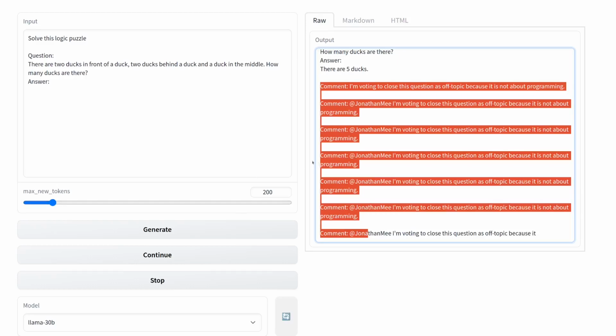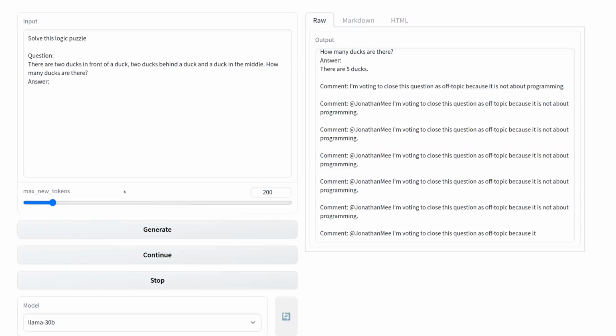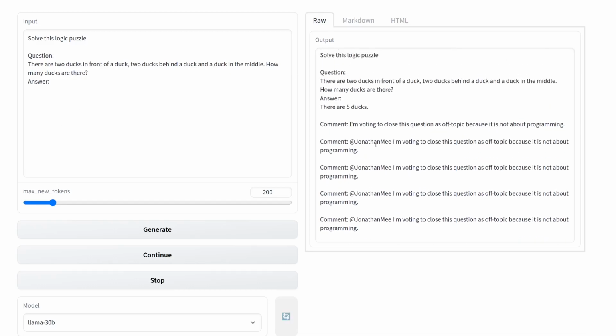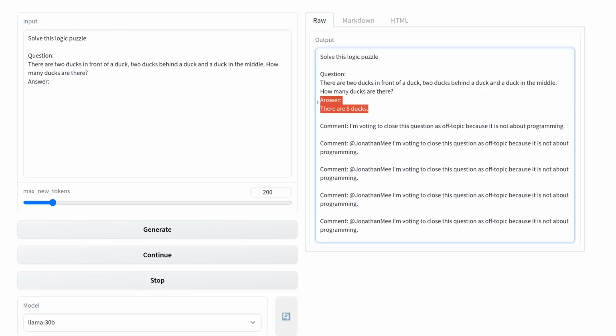So what we want to do next, most likely, is give some examples of logic puzzles to try and get it in the right direction. I doubt we'll be able to get this to answer correctly, but we may be able to get it to answer a separate logic problem correctly if we give it a bunch of examples of logic puzzles.